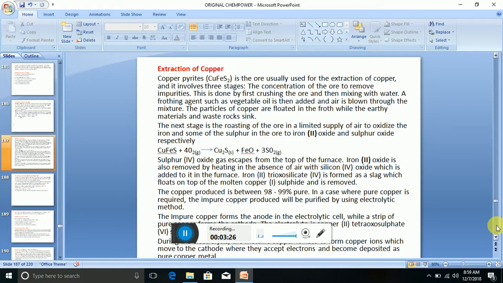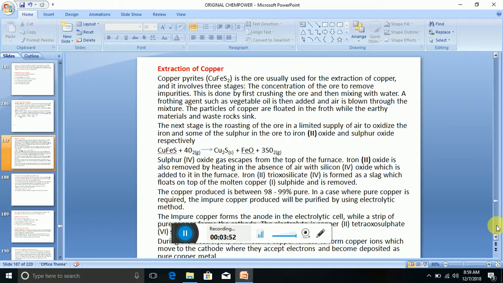The next stage is the roasting of the ore in a limited supply of air to oxidize the iron and some of the sulfur in the ore to iron 2 oxide and sulfur oxide respectively. Sulfur 4 oxide gas escapes from the top of the furnace.